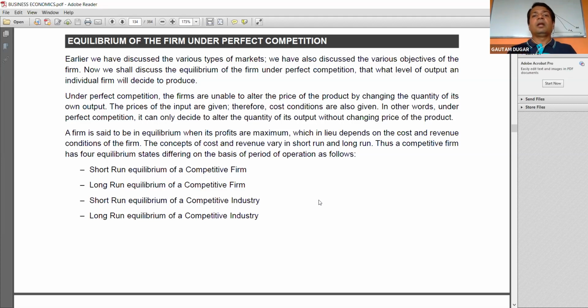Second, if average revenue is greater than average cost or TR is greater than TC, then the firm is earning supernormal profit. And if AR is less than AC or if TR is less than TC, then the firm is suffering losses.